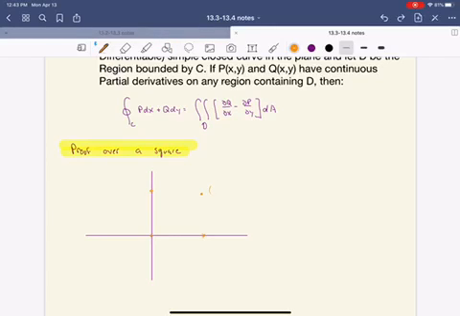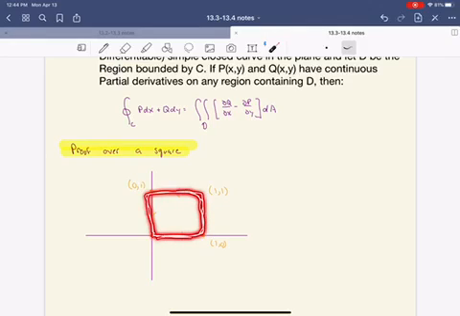That's 1, 1. This is 1, 0. This is 0, 1. I know it's a bad square. Positively oriented means it's going to go this way, a counterclockwise movement. One way to think about it is that the inside of your curve is to your left if you're moving positively.